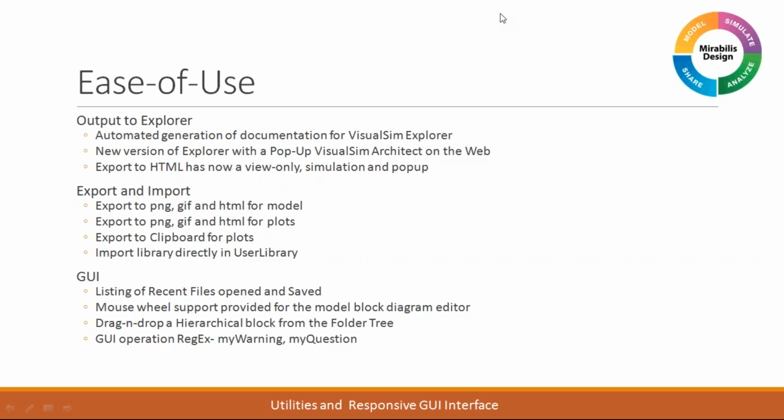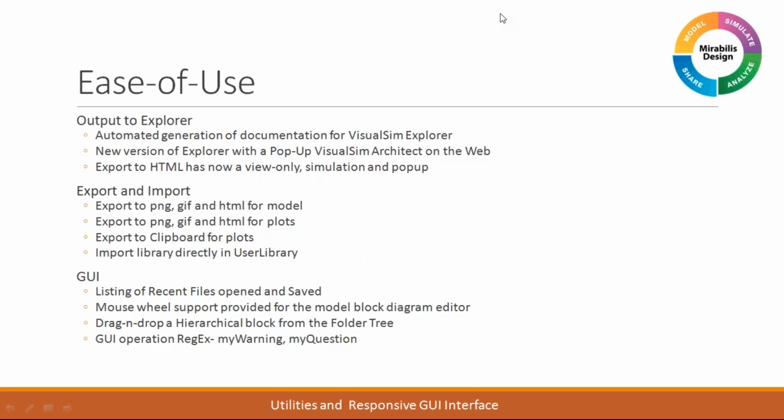And if you put this generated document on an Apache server, you can share the simulation model as well as the HTML page, which has the documentation, with people who are sitting in a different country or in a different geographical location. So without having the software installed, the user can just look at the HTML page, and the VisualSim tool along with the model will come up right from the web browser.